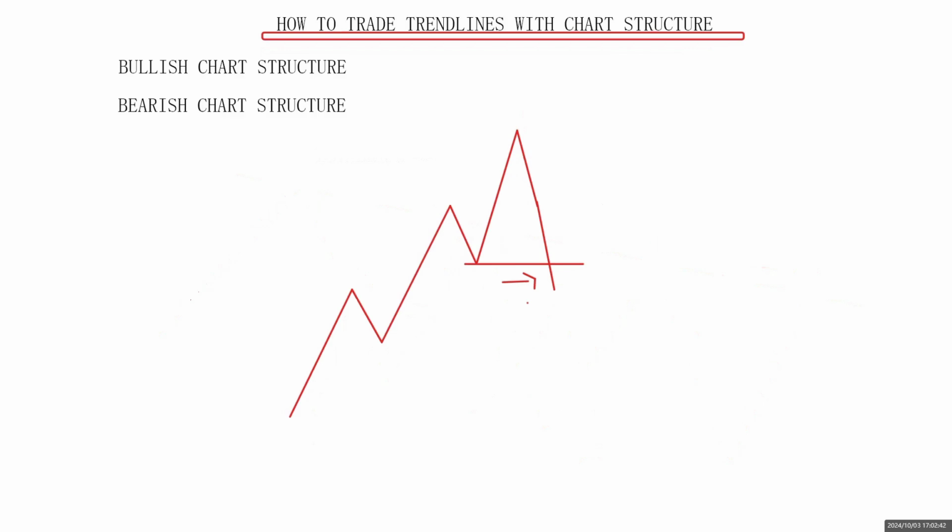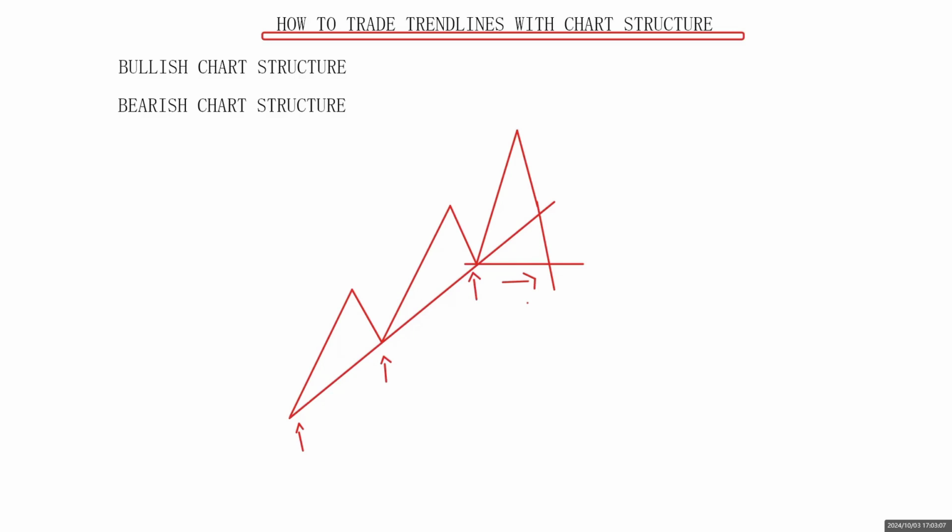And how are we able to collaborate the trend lines with chart structure? We can bring out our trend line tool from the low right here. We can see the first two touches, the establishment touches. These first two touches, like we know, are the establishment, while the third touch, like we know, is the confirmation.